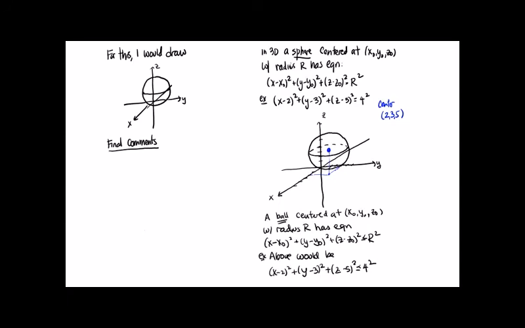So like in Calc 1, or even in pre-calc, the equation something like y plus x squared equals 3 is a parabola, because it's the same as y equals negative x squared plus 3. You rearrange it to make it familiar.